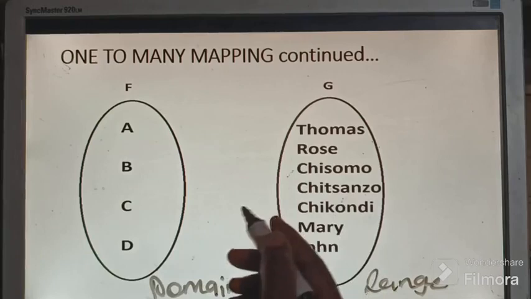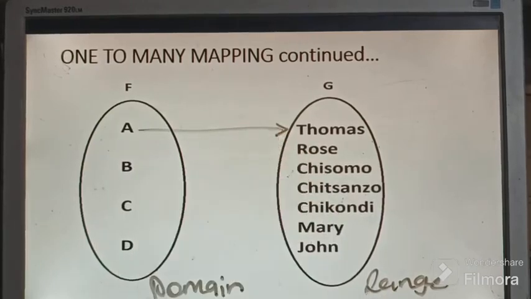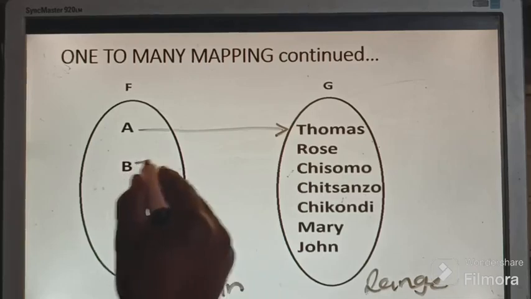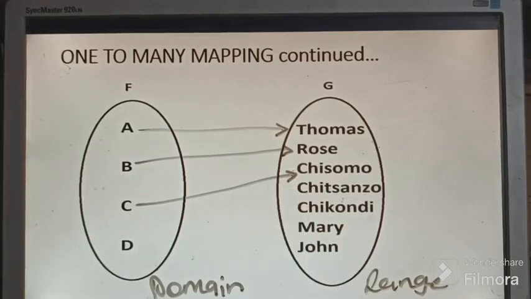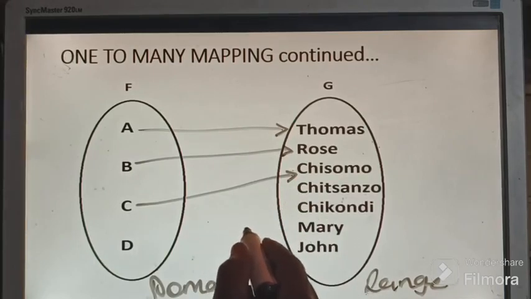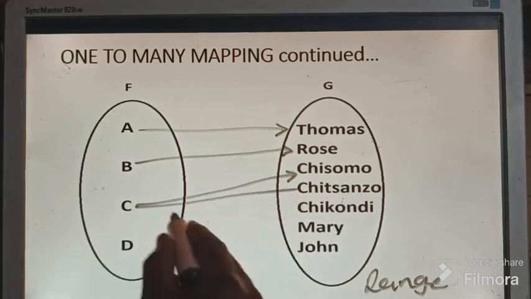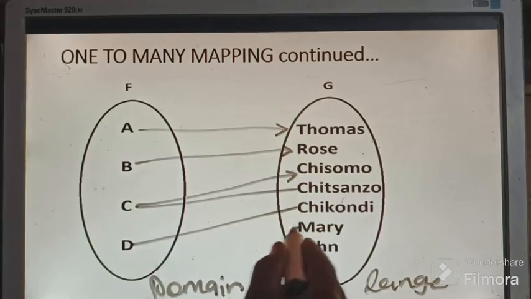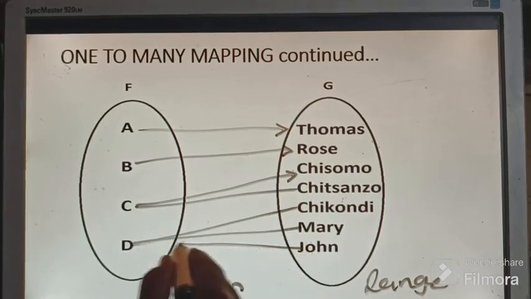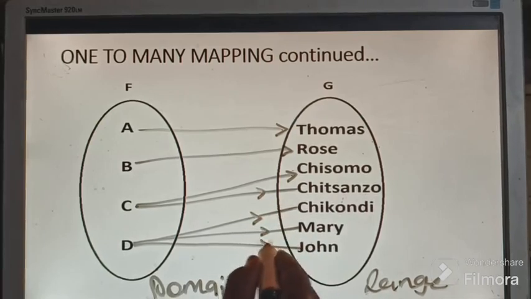So for example, let's say there's an arrow there, an arrow there, an arrow there, and then an arrow there, and an arrow there, an arrow there, and an arrow there. Remember, the direction is always that way.